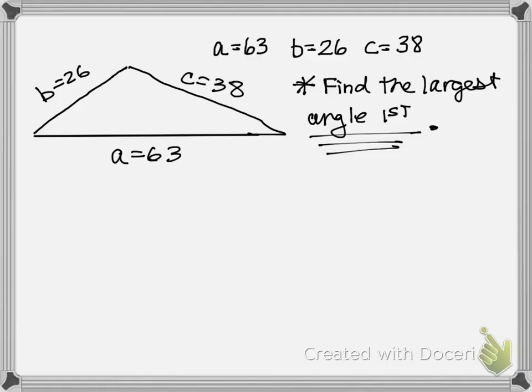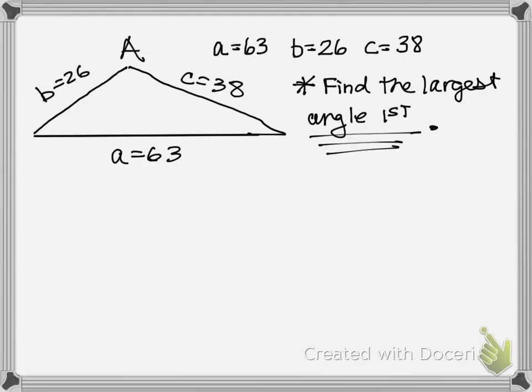Maybe you'll make some other error, but you won't make the error that I'm talking about. So let's go ahead and find that first angle, angle A. So using the law of cosines, think about how I'm going to build it. Maybe you want to look back at your formulas and see which formula I'm going to choose in order to find the largest angle first. Obviously, the largest angle is opposite the largest side.